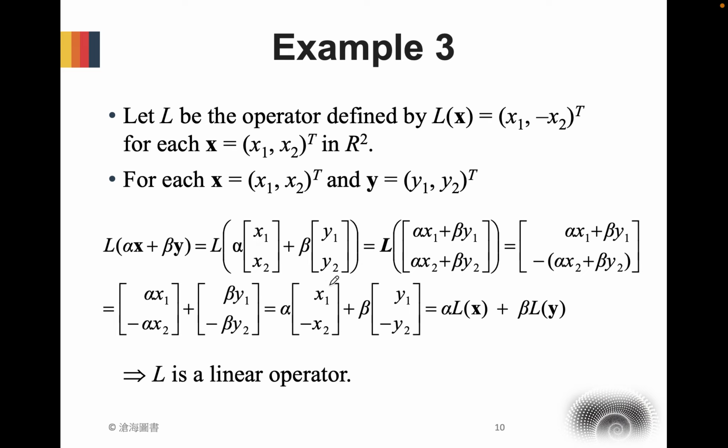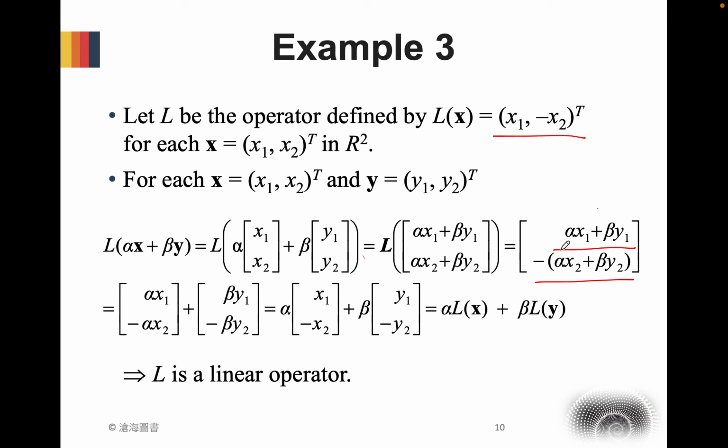We do the linear combination first, then we get alpha x1 plus beta y1, alpha x2 plus beta y2. When we do the mapping, what does this mapping do? We change the sign of the second item. So the first item is still alpha x1 plus beta y1, but the second item becomes negative (alpha x2 plus beta y2).